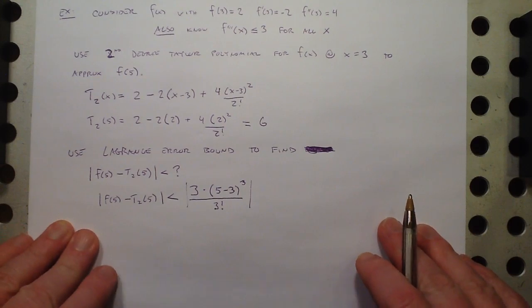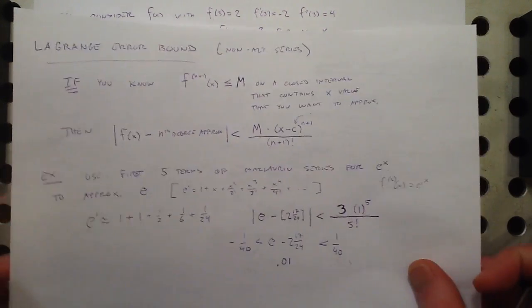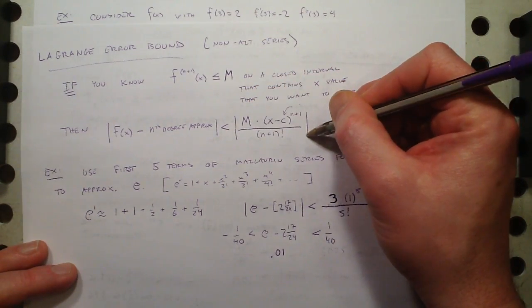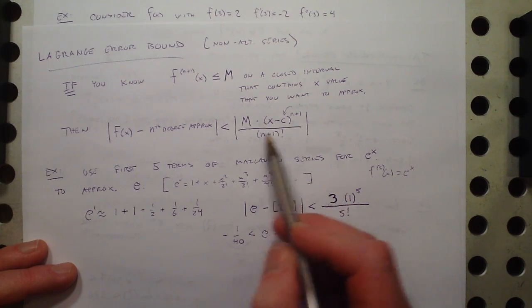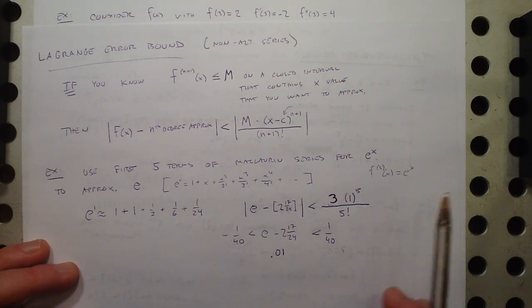And I should have put that, let me just go back here. Back here, why don't you just go back in your notes. That also should be an absolute value, because this here could come out to be negative. And of course this is an absolute value, so it needs to be less than some positive number.